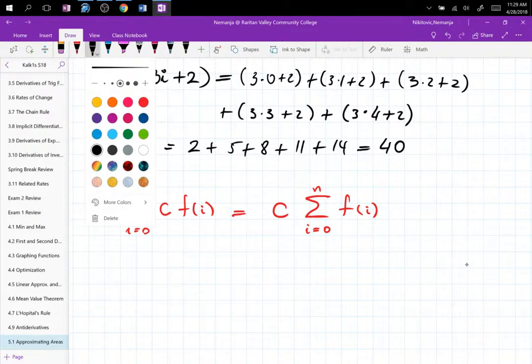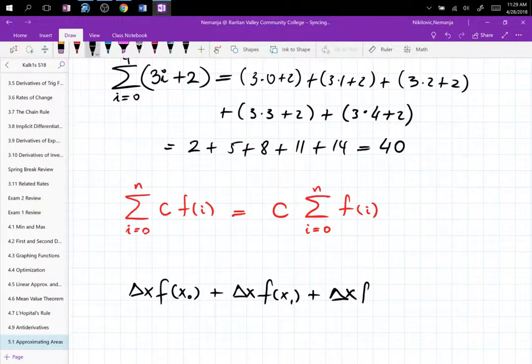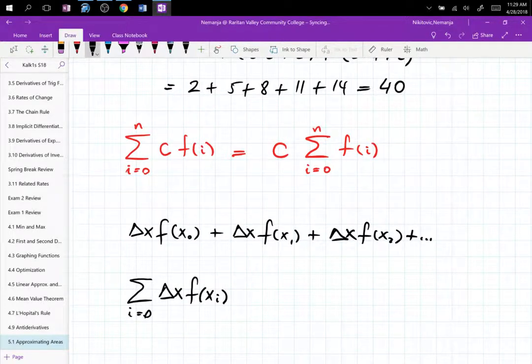So when I have delta x f of x0 plus delta x f of x1 plus delta x f of x2 plus going on forever, I can say, oh, great, I just have 0, 1, 2, 3 as an index, so I can say sum of delta x f of xi from i goes from 0 to, let's end it at some value n.